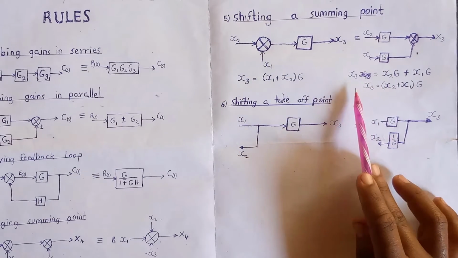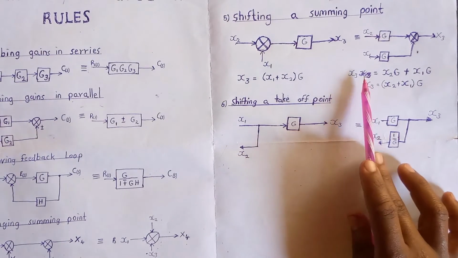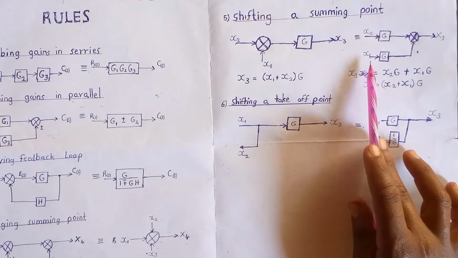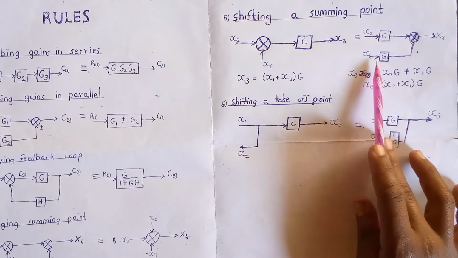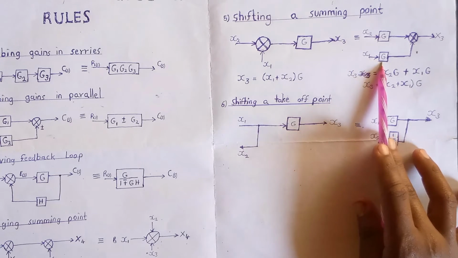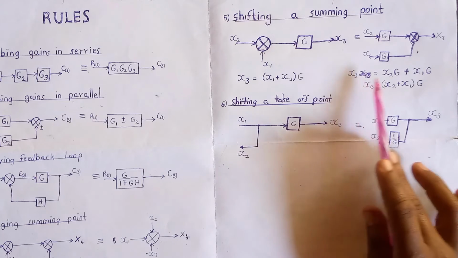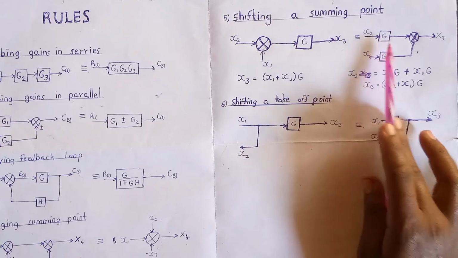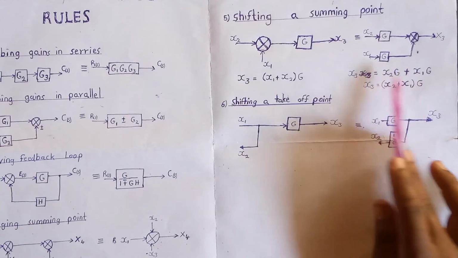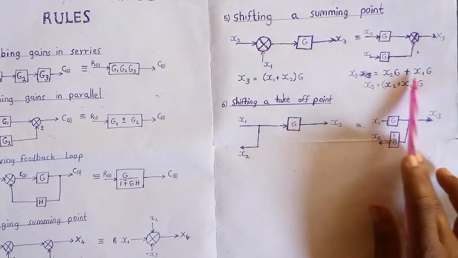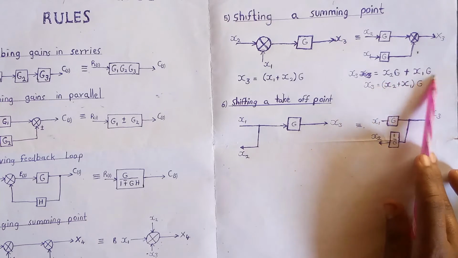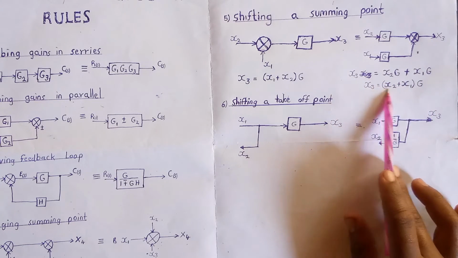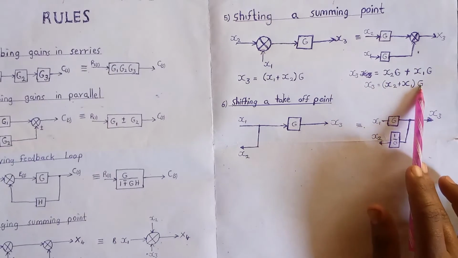So our x3 here, after multiplying this x1 with the gain, is equal to x2 times g plus x1 times g. By factoring out g, we will have x2 plus x1 in brackets times g.